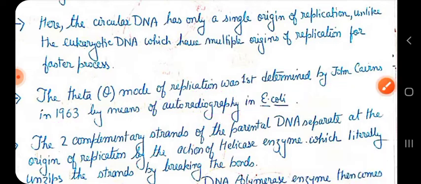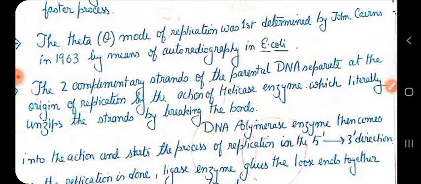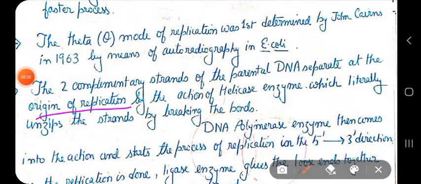The two complementary strands of the parental DNA separate at the origin of replication. They are separated by the action of DnaA, and further by the DnaB helicase and DnaC, the helicase loader.